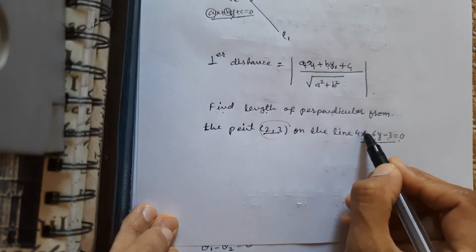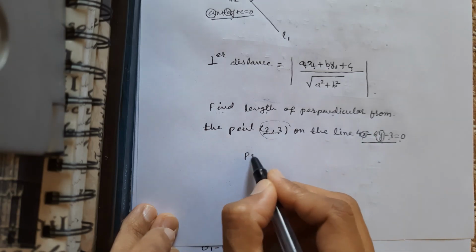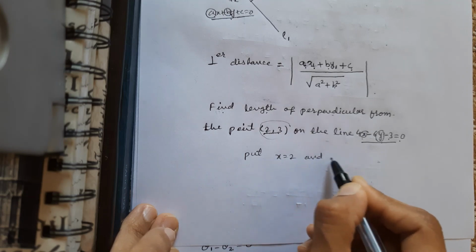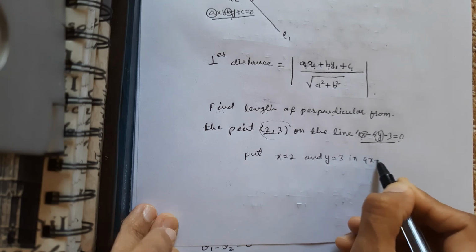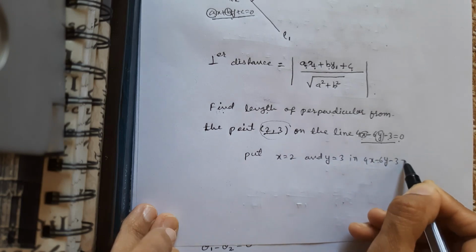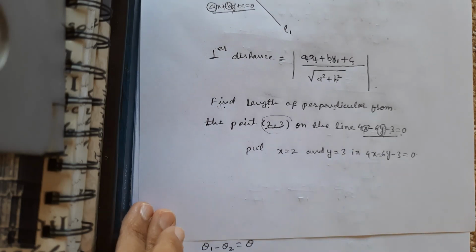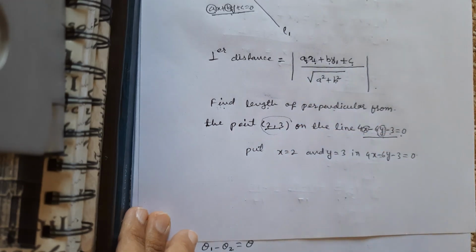So here in x and y I'll substitute the values 2 and 3. So put x equal to 2 and y equal to 3 in 4x minus 6y minus 3 equal to 0. In this way I am going to get the numerator value here.